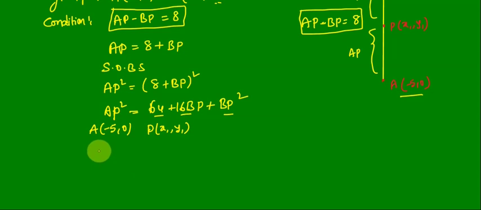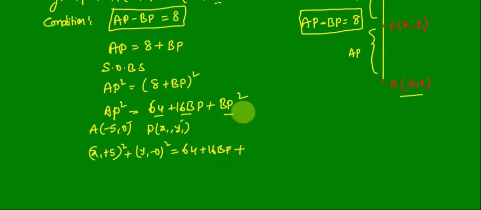Okay, we'll find the distance between these two points. So this will become (x1 minus of minus 5, that is plus 5) whole square plus (y1 minus 0) whole square. Similarly on the right hand side, 64 as it is plus 16BP as it is.